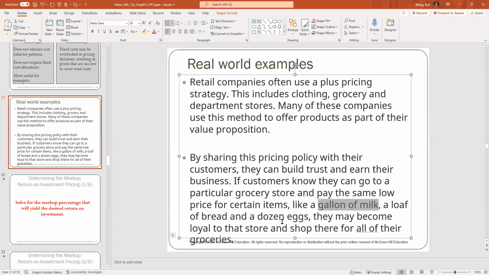But anyway, there are two articles. The other one talks about a lot of the real world pricing strategies of different companies, which I think is very interesting.